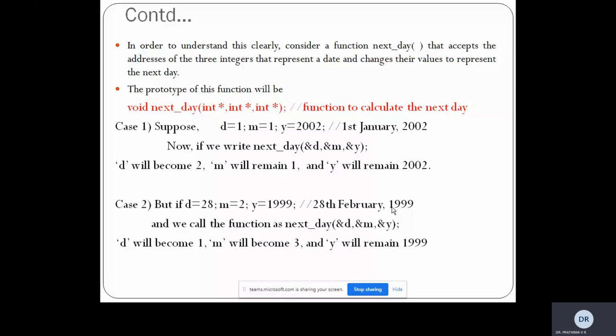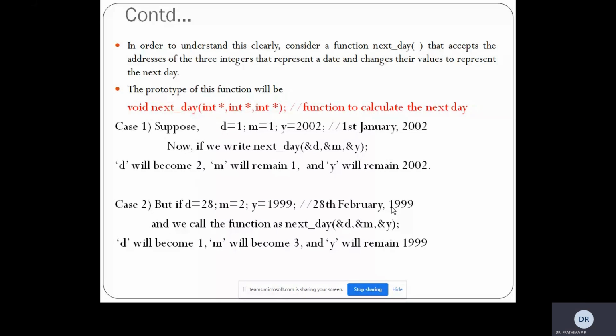Now I have set the value of d as 1, the value of m as 1, and the value of y as 2002. From this simplest form of the declaration, now d becomes 2, m remains 1, and y remains 2002.